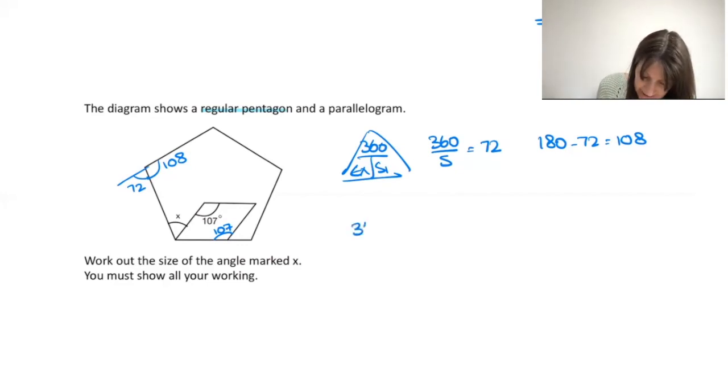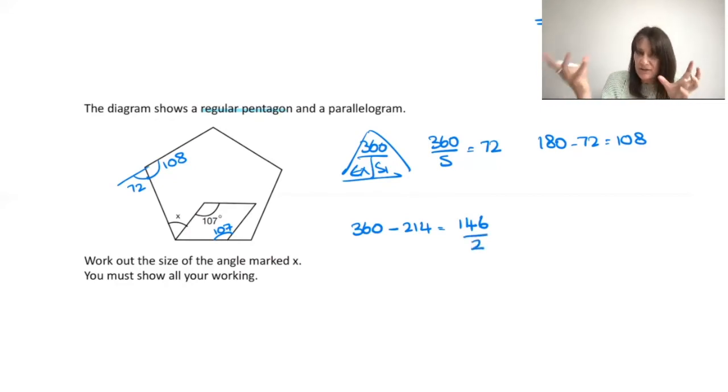So 360, if I take away the 107 and the 107, so that's 214, it's going to give me 146. And then remember, opposite angles are equal, so I only have to divide this by 2, and I've shared out the rest of the degrees. So 146 divided by 2 is 73. So I now know that that bit there is 73.